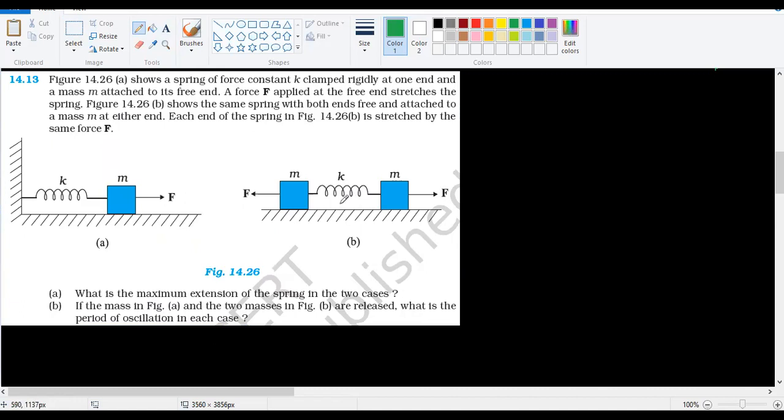Maybe this one you need some background knowledge. Figure 14.26 shows a spring of force constant K clamped rigidly at one end and a mass M attached to its free end. The force F applied at the free end stretches the spring. Figure 14.26 shows the same spring with both ends free and attached to a mass M at either end. Each end of the spring is stretched by the same force F. What is the maximum extension of the spring in the two cases?